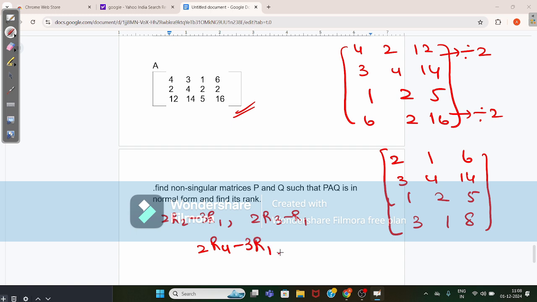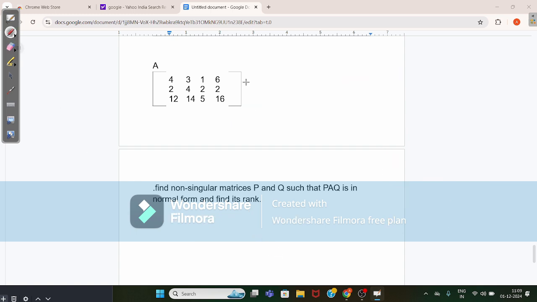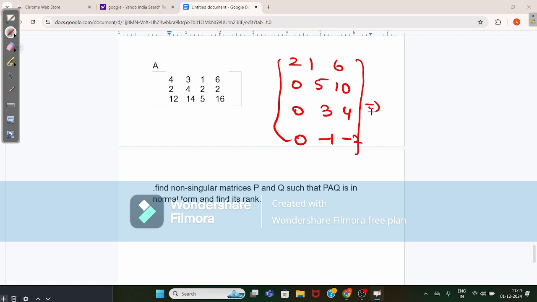When you do all these operations in the matrix, you will get the matrix 2 1 6, 0 5 10, 0 3 4, 0 minus 1 minus 2. Again, divide the rows by 2 and you will get 2 1 3, 0 5 5, 0 3 2, 0 minus 1 minus 1.